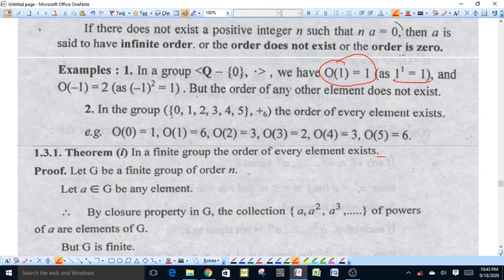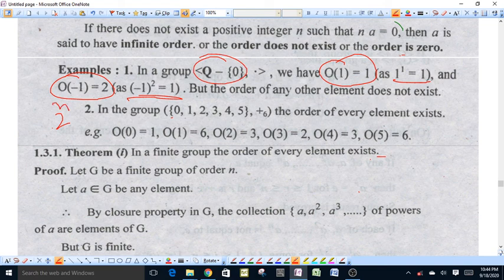Under multiplication, order of minus 1 is equal to 2, because minus 1 raised to power 2 is equal to 1, and for all other elements of this group, order does not exist. Suppose that we take element 2 of this group Q minus 0.